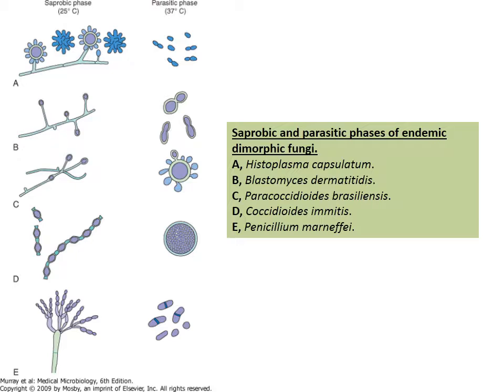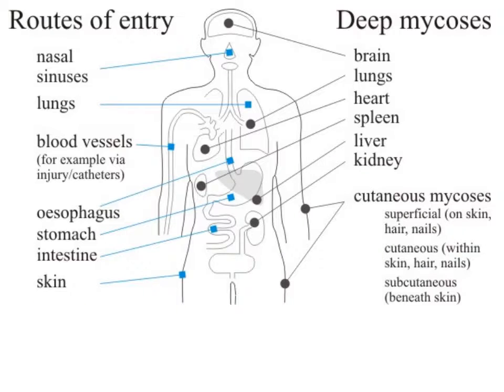We already talked about the entrance to our bodies being either skin or mucous membrane, and both skin and mucous membrane are connected to the lymphatic system and circulatory system. And again, routes of entry, like with bacteria and viruses, will determine where these fungi will lodge in and cause damage to that particular tissue.